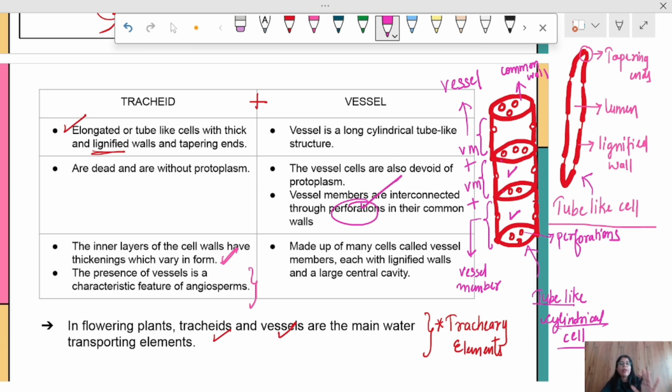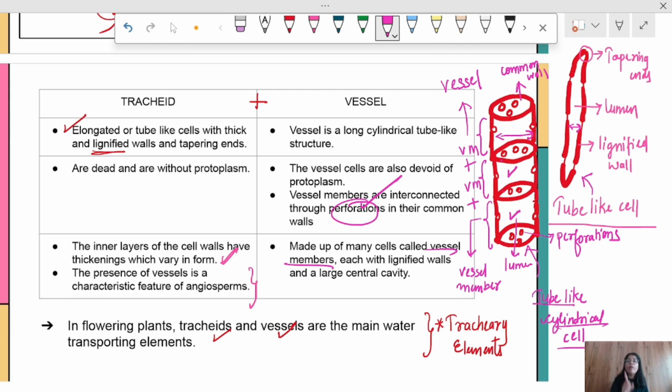Okay, lignin is absent. Now this vessel is made up of many vessel members and each is having lignified cells and a central cavity or lumen. So you can see that the lumen or cavity of vessel is wider as compared to the lumen or cavity of trachea. And which plants do not have vessels?